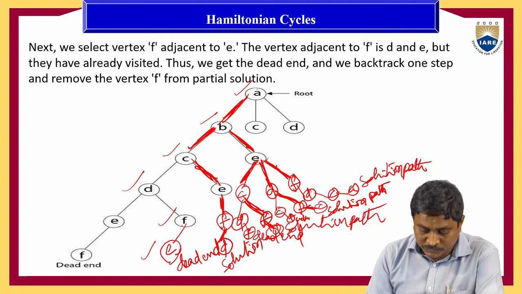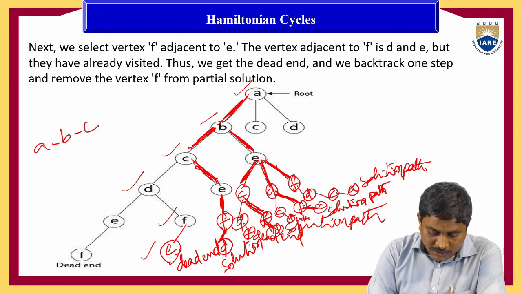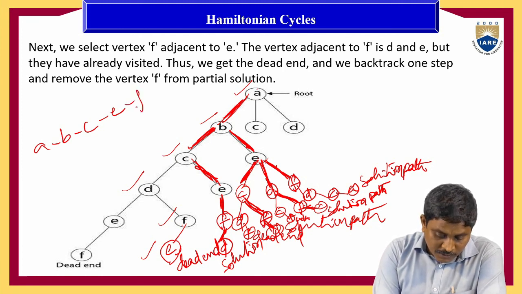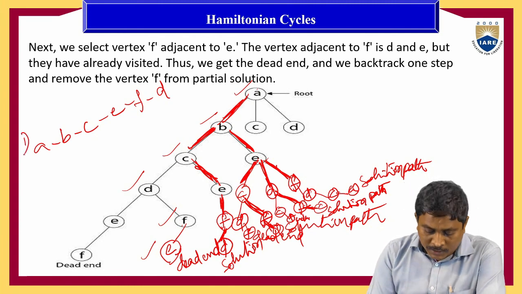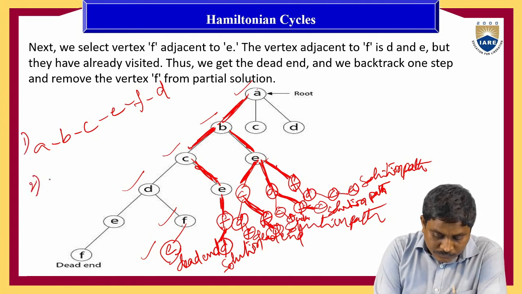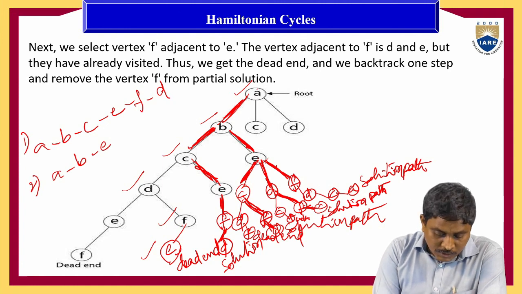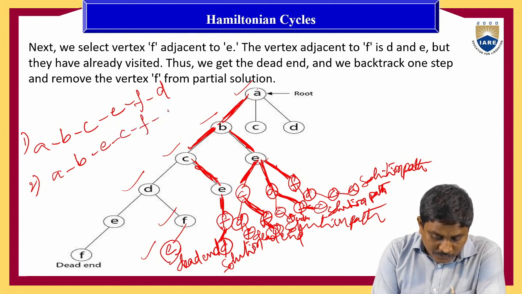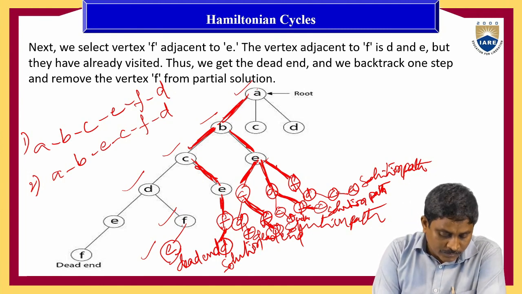Next here. So this one A to B, B to C, C to E, E to F, F to D. This is one solution path. Next, another solution path is A to B, B to E, E to C, C to F, F to D. Again come back to A, D to A. This is another solution path.